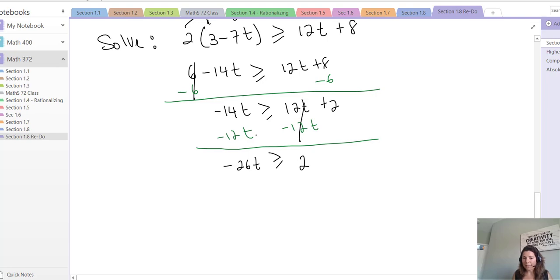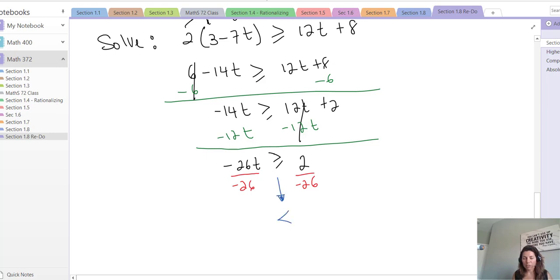I subtracted, so here I don't change the symbol because I only subtracted the 12t. I haven't divided by anything. Now we're getting ready to divide. Anytime you're going to multiply or divide with an inequality, you should be alert. Your warning signs should be going off. We're dividing by a negative, which means that we are going to change the direction of our inequality.